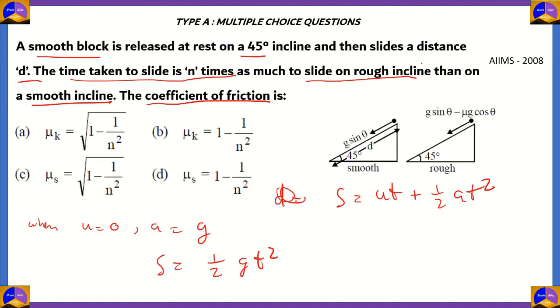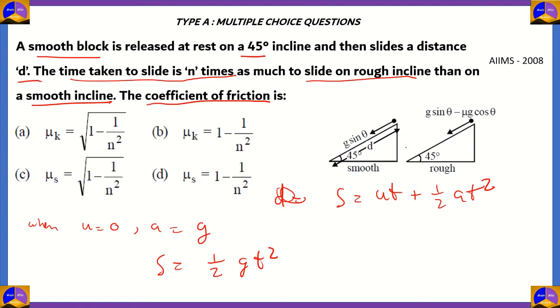Now let's do both of these cases in parallel. Let's write smooth on the left hand side and rough on the right hand side. If you notice, in a smooth incline, we have sine 45 is equal to opposite divided by adjacent. So sine theta is d divided by the vertical, which we can consider as g.